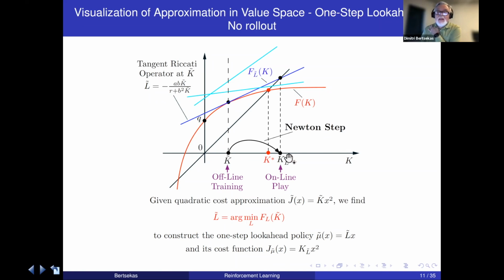And it could be that the Bellman equation is differentiable, in which case this interpretation would apply. If it were non-differentiable, then a more general type of Newton's method would apply that is useful for non-differentiable Bellman equations. So that's what would happen in a nutshell.